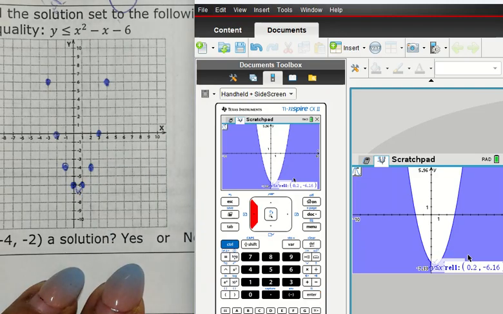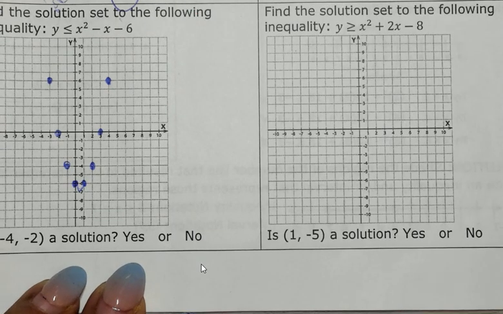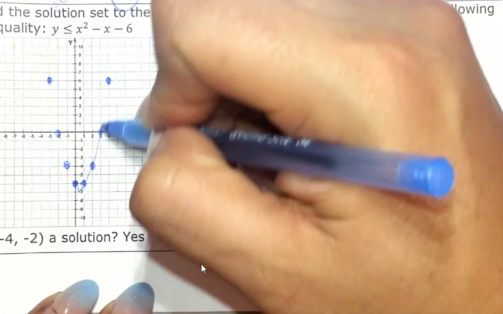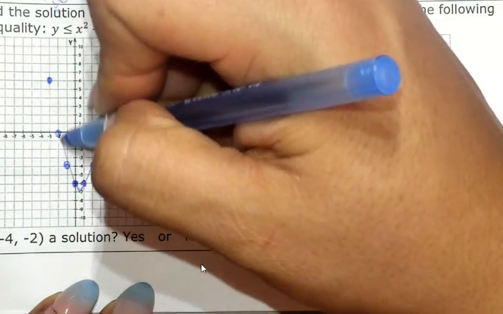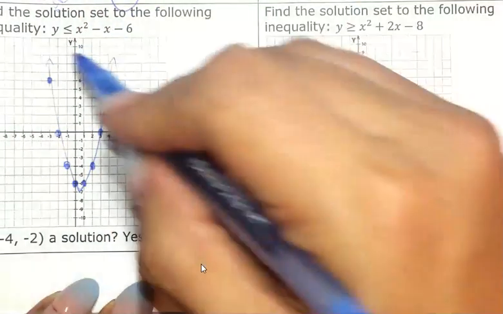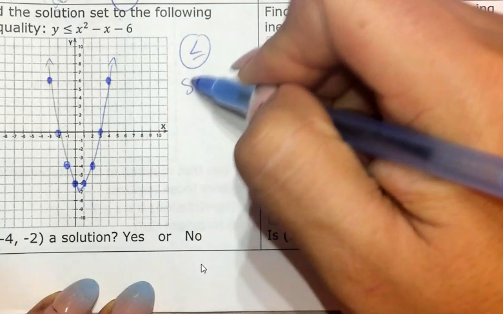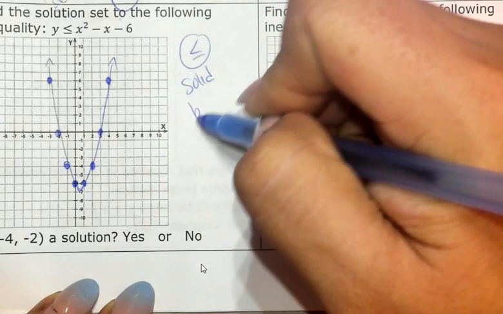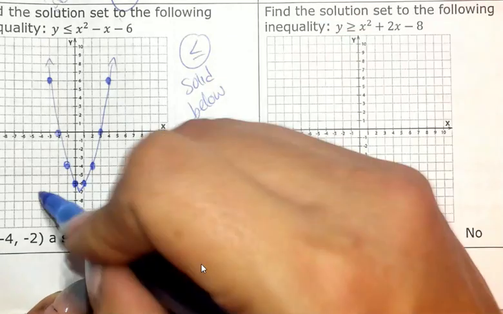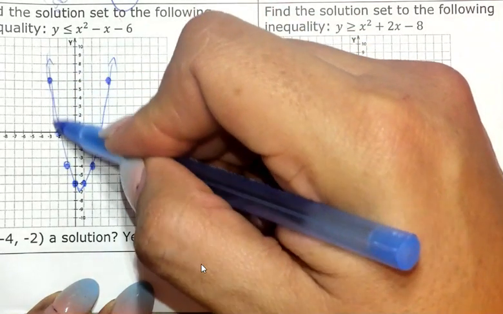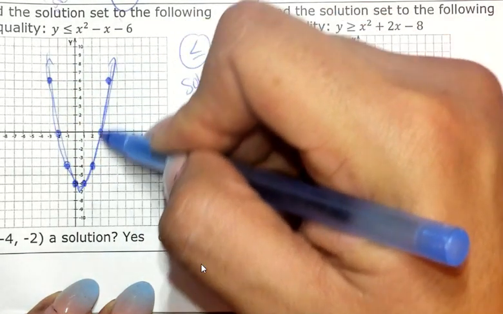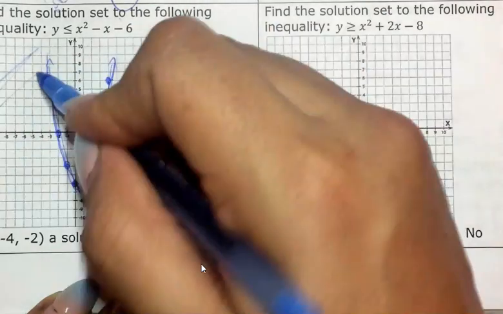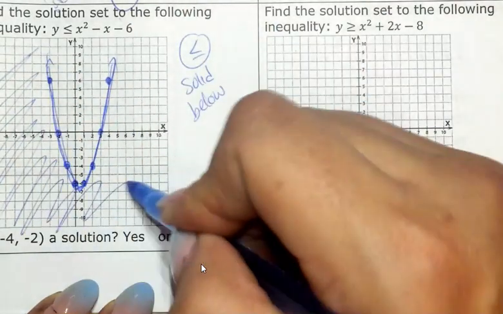And if I trace it, it tells me that it's at 0.5. So right here and right here. Oh, that symbol right there confirms that it's solid and it's below because it's less than. So that's the solid line behind it. And then less than will be shaded below.